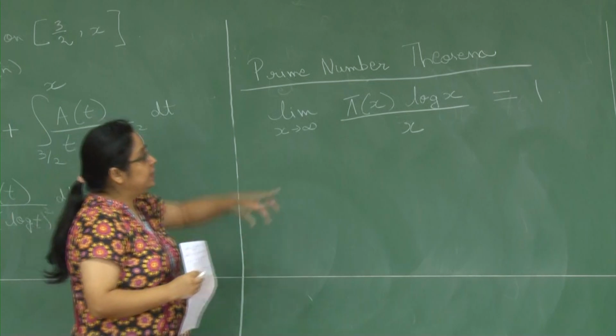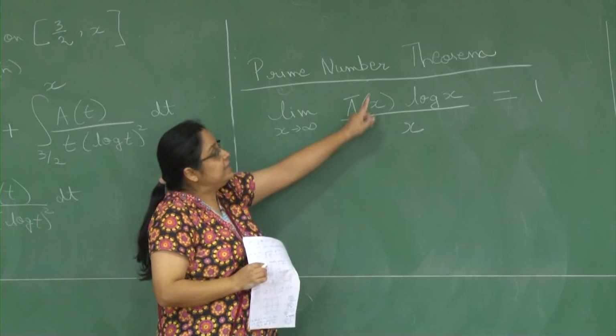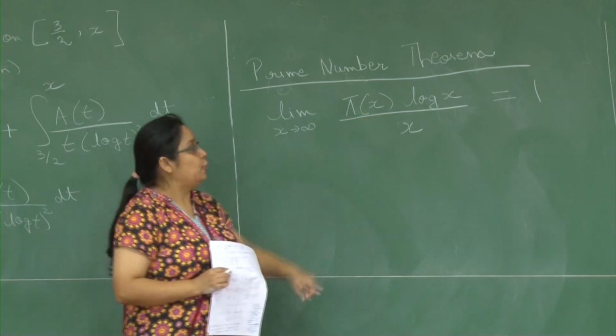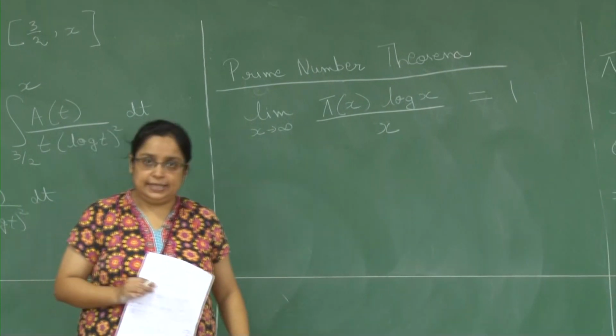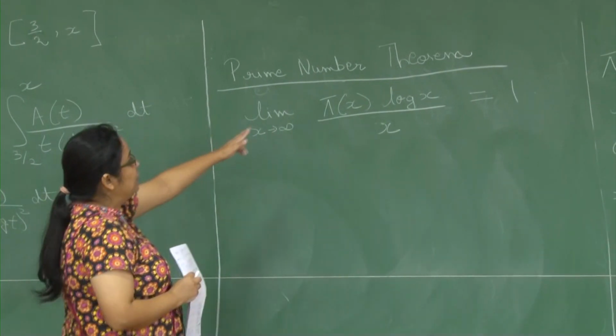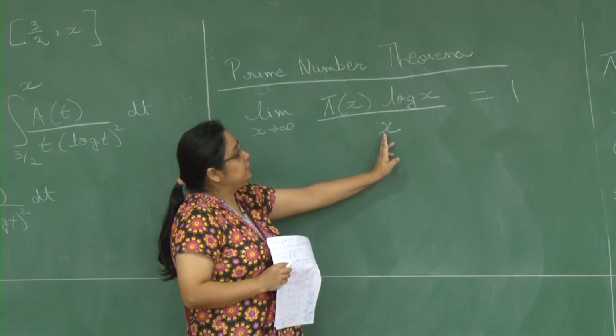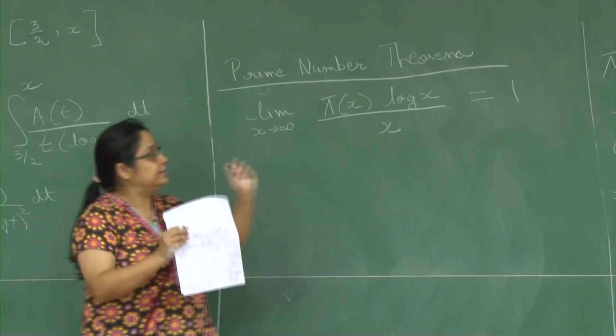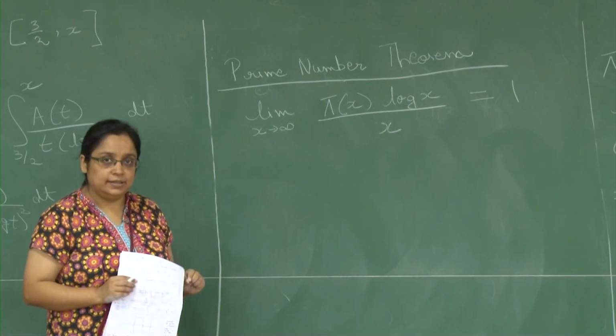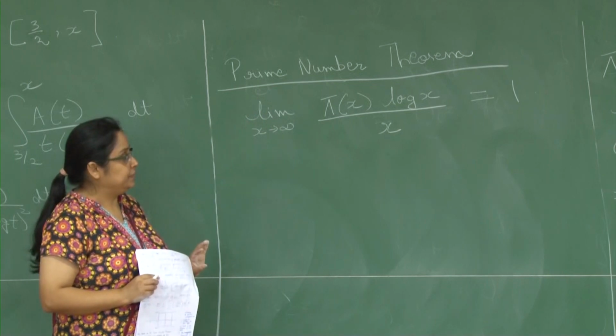In other words, your pi of x is asymptotic to x over log x as x goes to infinity. The value of pi of x comes closer and closer to x over log x as x becomes larger and larger. This is the prime number theorem.